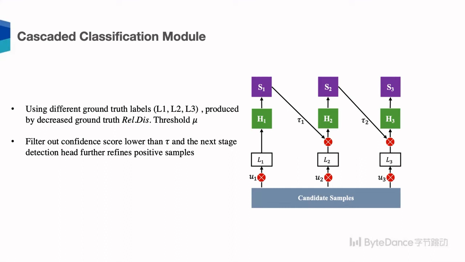These labels are produced by decreasing ground truth relative distance thresholds mu1, mu2, and mu3. Then, the output classification score is used as a mask with threshold tau n to filter out easy negative samples. The next stage detection head further refines the positive samples using the previous head's mask by utilizing more accurate ground truth labels.